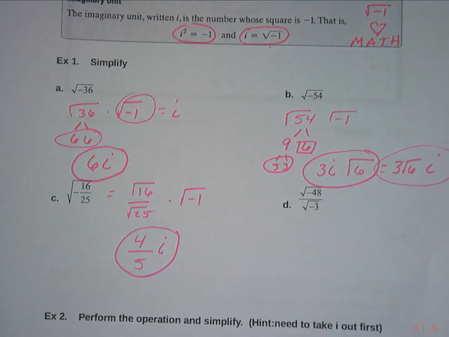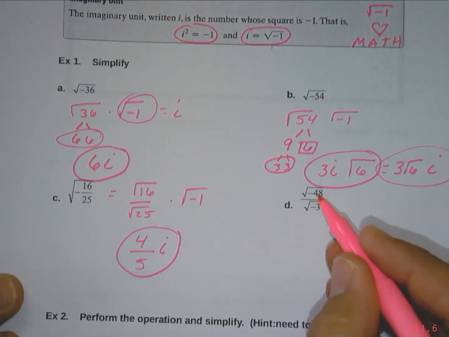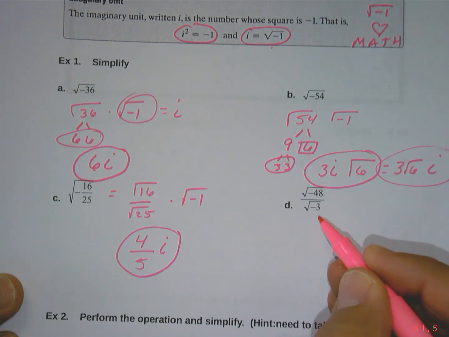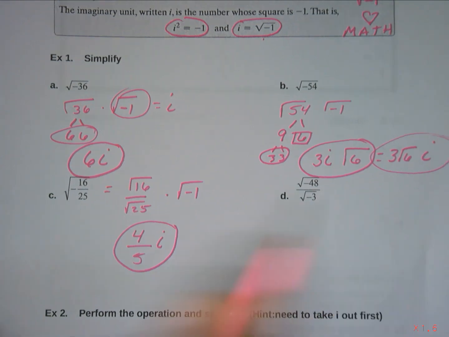So I can look at this a couple different ways. Does 48 and 3 reduce each other at all? Is 48 divisible by 3 at all? I think it is, isn't it? What's 48 divided by 3? 16. 16, that's what I thought.